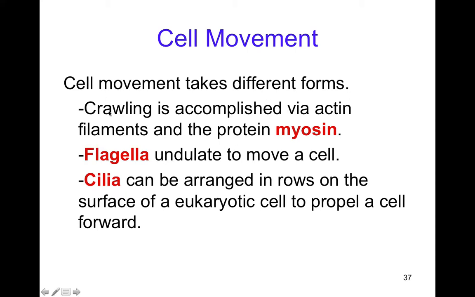Flagella are used to basically whip. The sperm tail is a flagellum. It whips around and is used for locomotion. And then cilia are another type of structure, again part of the cytoskeleton, that's used to move cells forward.